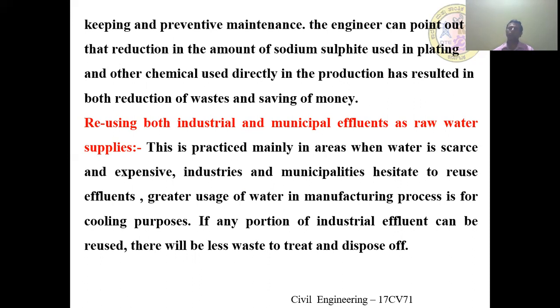That water can be used for cooling purpose since it is not contaminated.